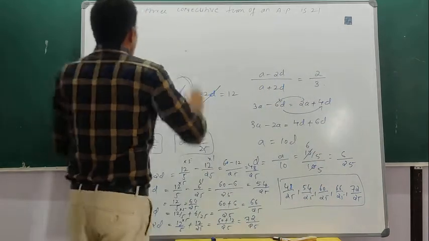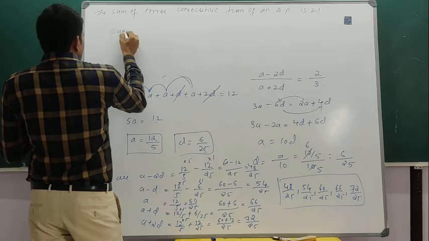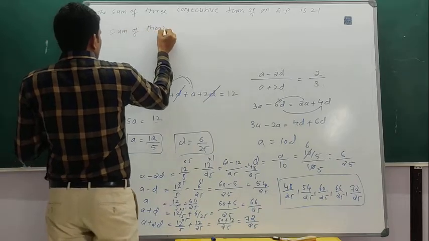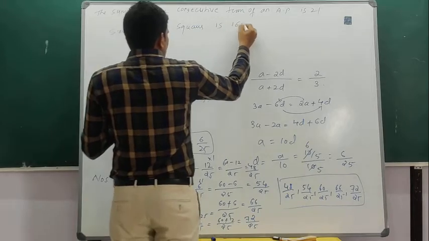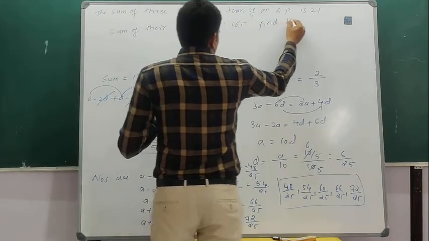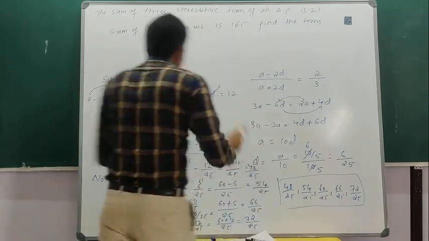Already I told you, right? So 21, and the sum of their squares is 165. Find the terms.